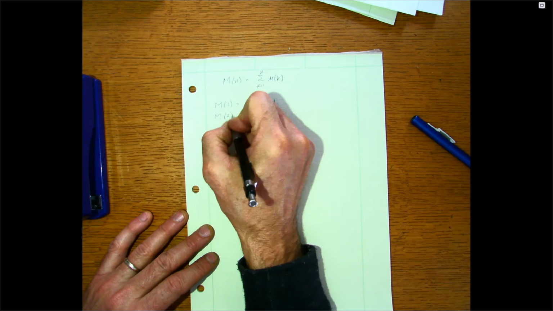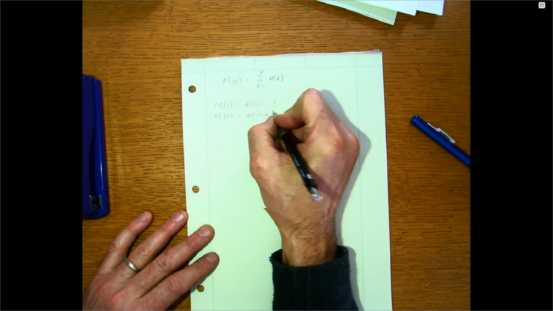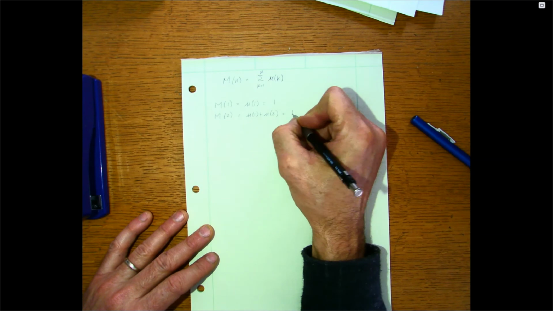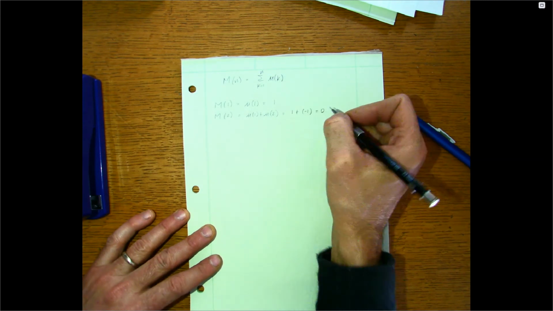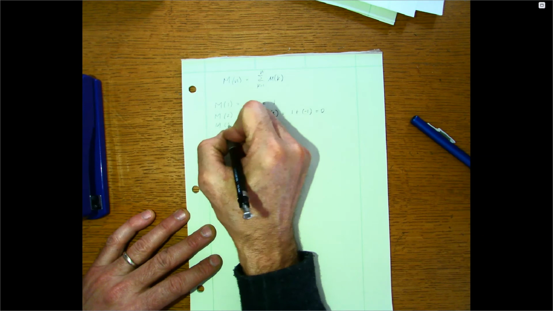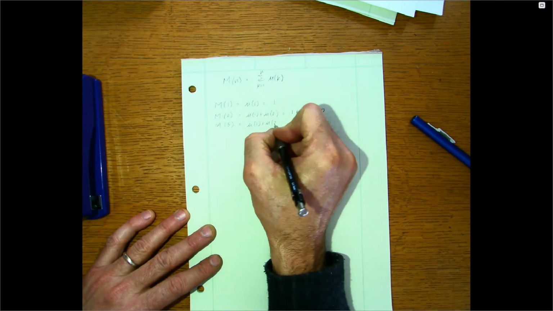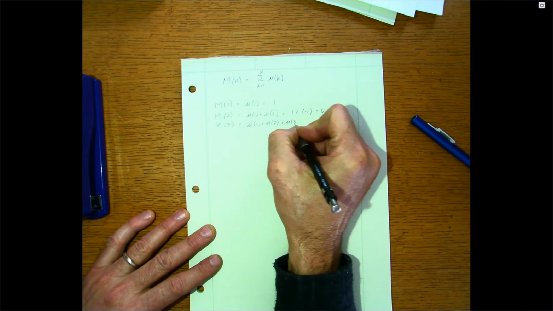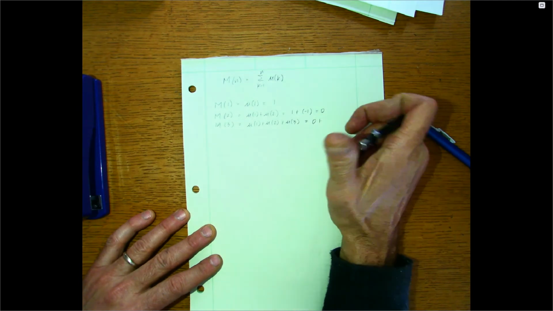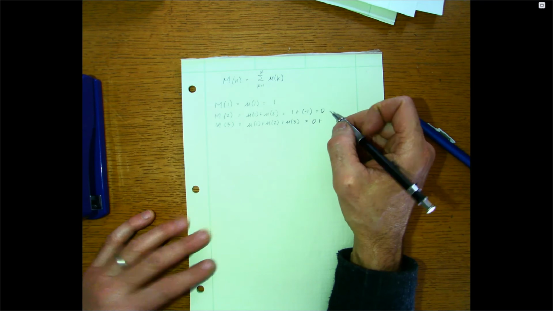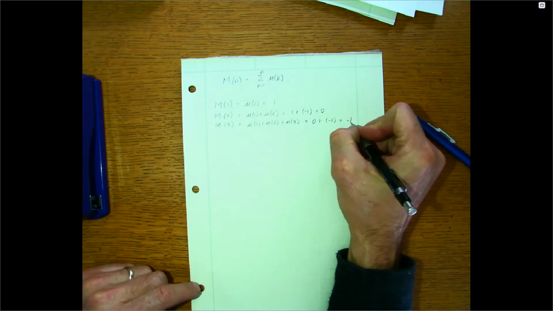This will be M of 2, which will be mu of 1 plus mu of 2, which would be 1 plus a negative 1, or 0. M of 3 is going to be mu of 1 plus mu of 2 plus mu of 3. Well, we know it's 0 plus mu of 3, which will be just negative 1, right? So negative 1.